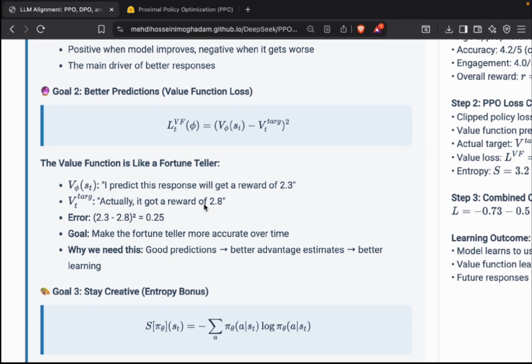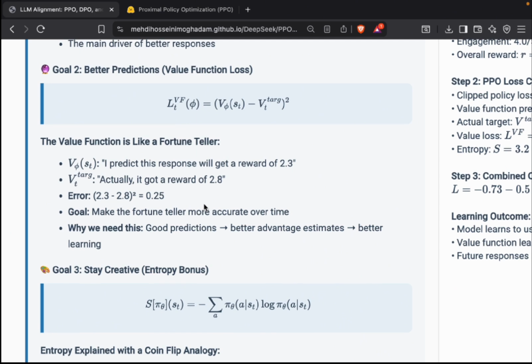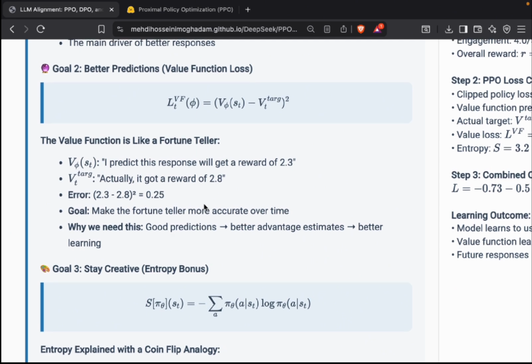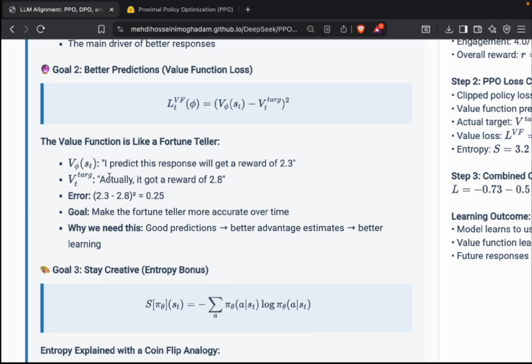The value function is like a fortune teller that tries to predict the probability of the next token to be chosen. So V of phi for state t means I predict this response will get a reward of 2.3. That's what we're trying to learn in PPO.